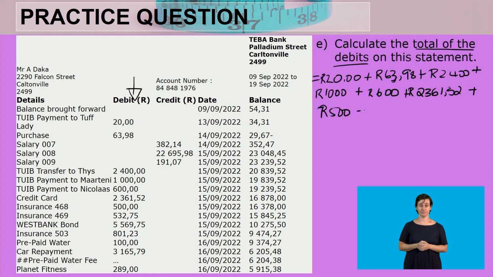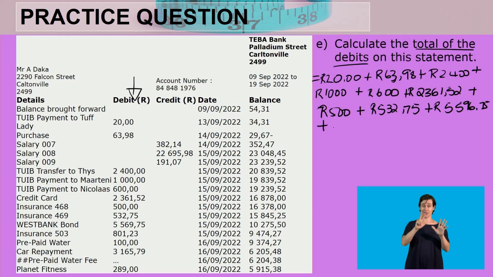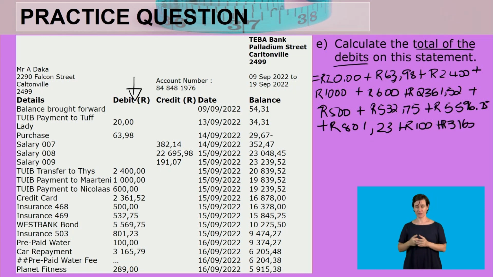500 plus 532 rand 75 plus 5,596 rand 75 cents plus 801 rand 23 cents plus 100 rand plus 3,165 rand 79 plus the prepaid fee.